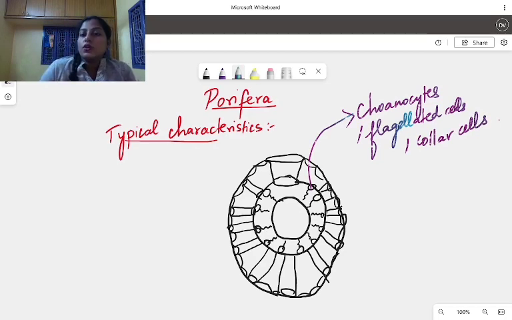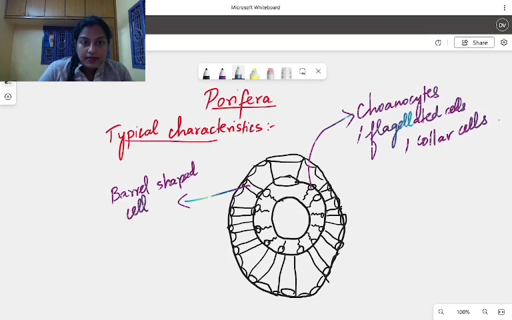You call it conocytes or flagellated cells or collar cells. And those barrel-shaped cells are called porocytes. And these ones attached to the sides are called pinacocytes.